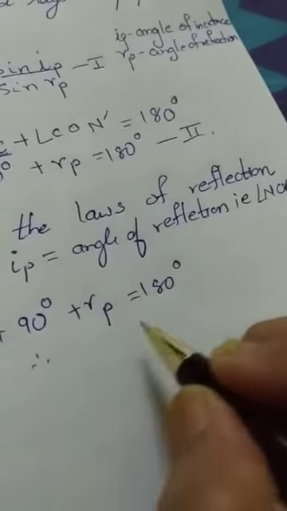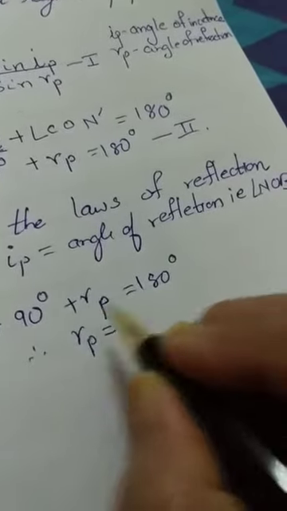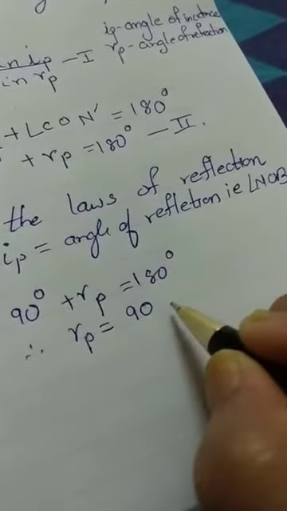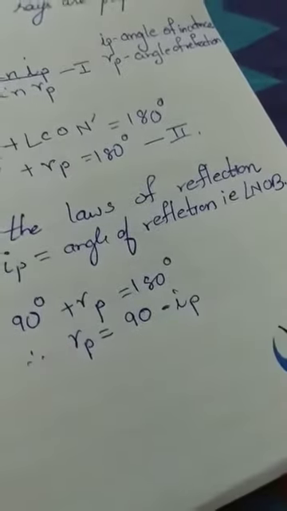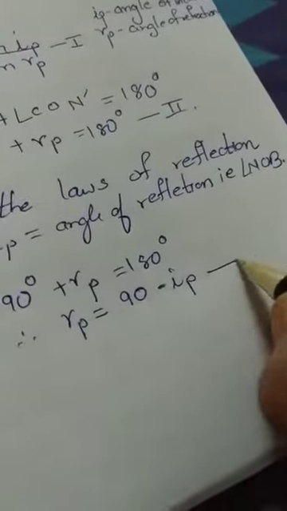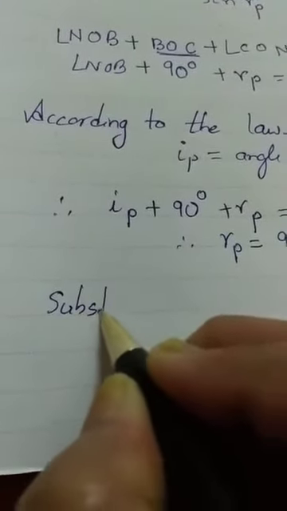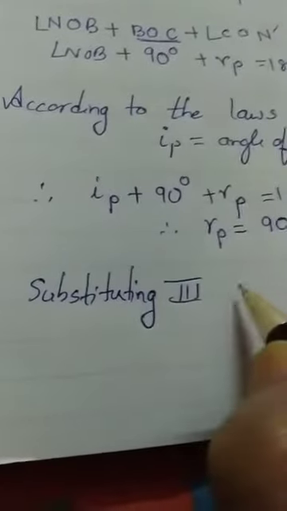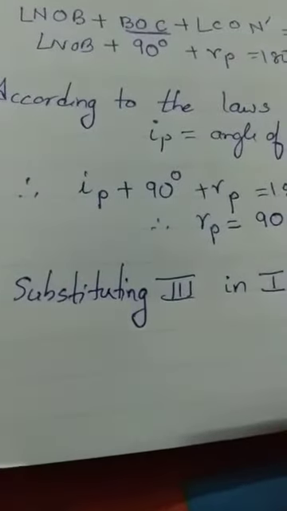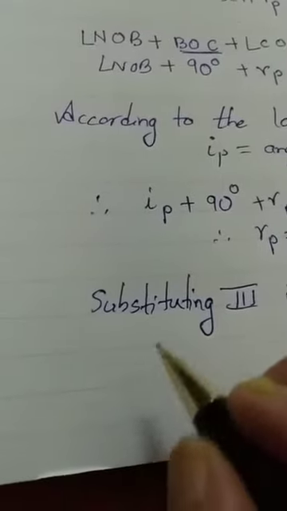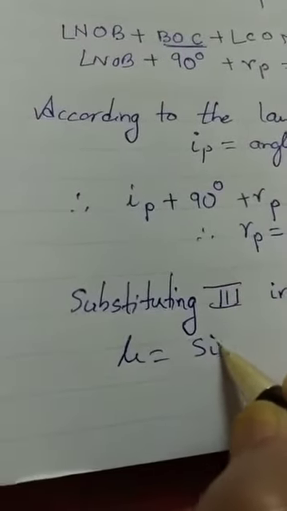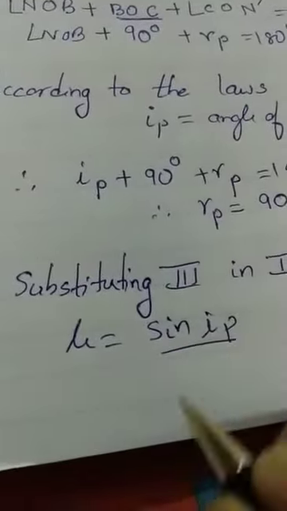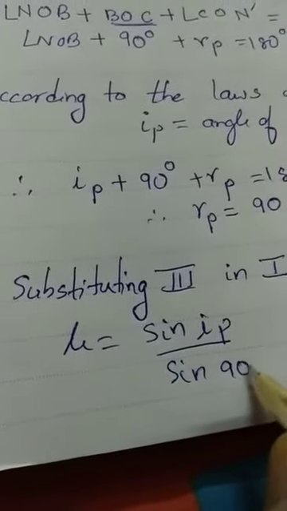Therefore, we have RP is equal to 90 minus IP. This is equation 3. Substituting 3 in 1, we get mu is equal to sine of IP upon sine of 90 minus IP.